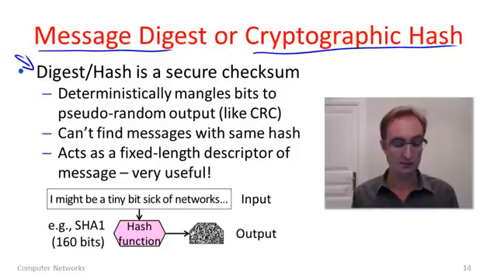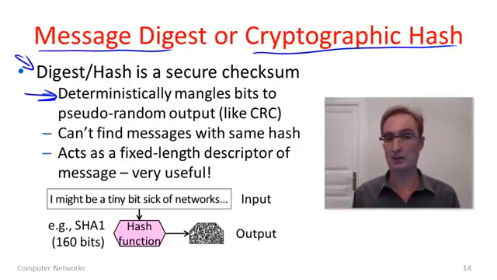Like a checksum, it deterministically takes in the bits of a variable length input message and it processes them down, and it mangles them in the same way as encryption does to get a pseudo-random output. This is sort of like a CRC. Your CRC, by doing the division, it's really coming up with just some set of numbers you wouldn't guess ahead of time.